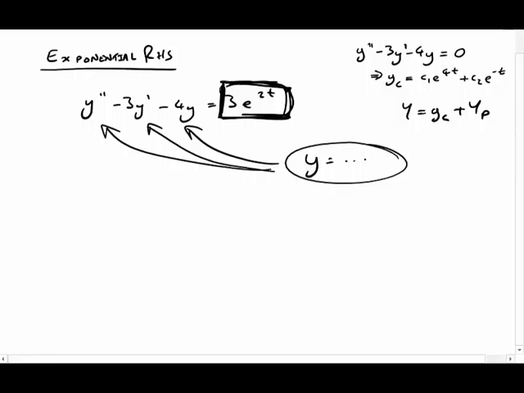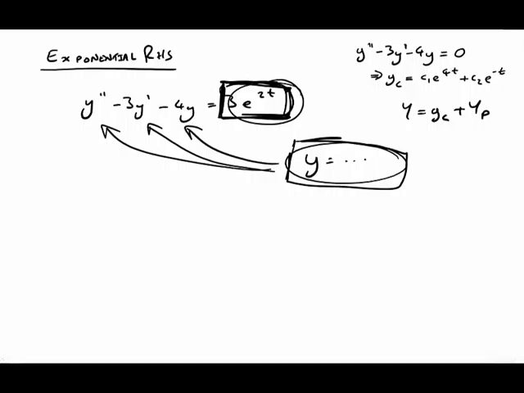The fact that it's 3 doesn't matter so much at the moment, but when we put this in, we'll get something involving 2t. So a pretty good guess for our function is something that looks like e to the 2t, because we're going to have to take derivatives of it and so on.